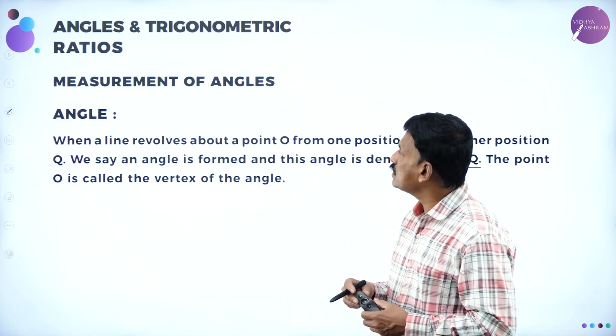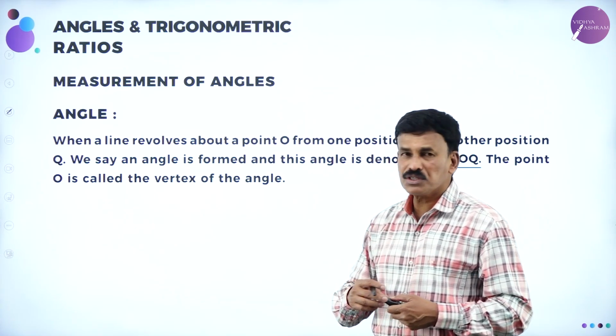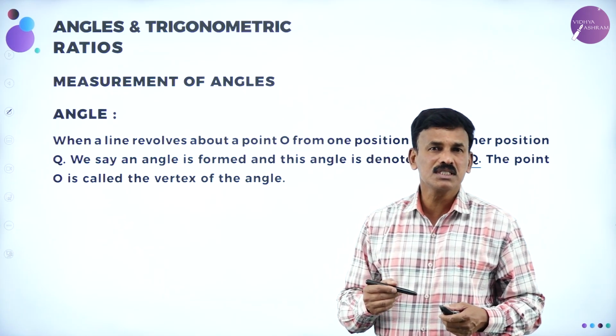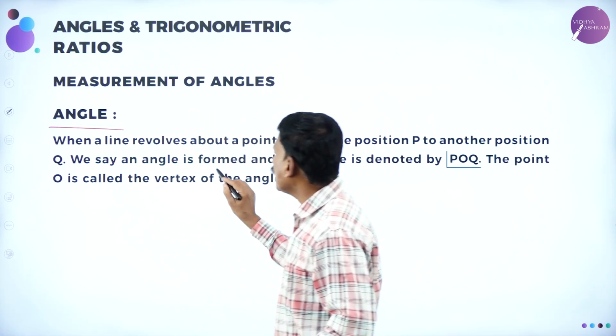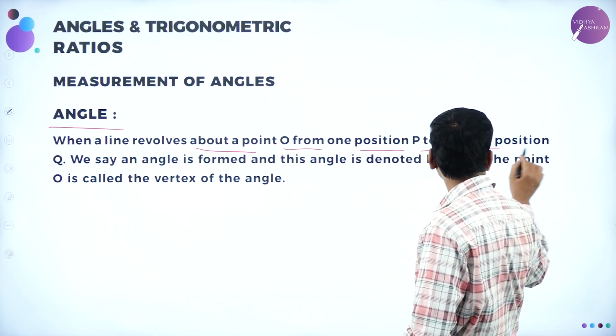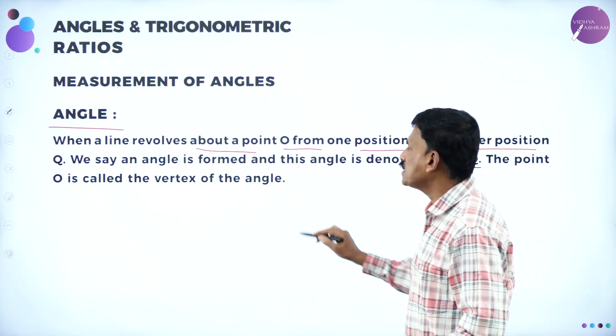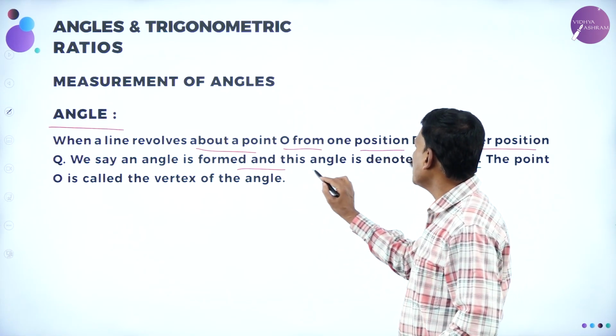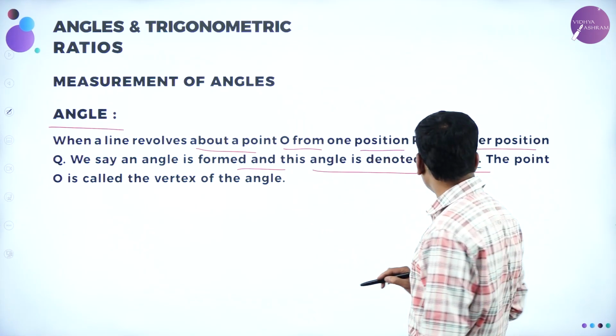Now, angles and measurement. Let us know about an angle. When is an angle said to be generated? When a line revolves about a point O from one position P to another position Q, we say an angle is generated. This angle is denoted as angle POQ, or angle theta.